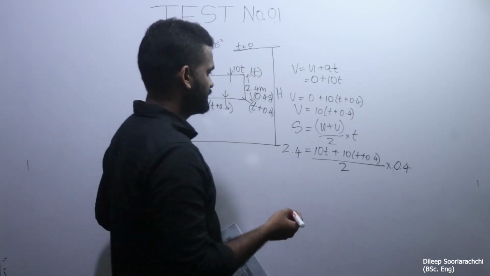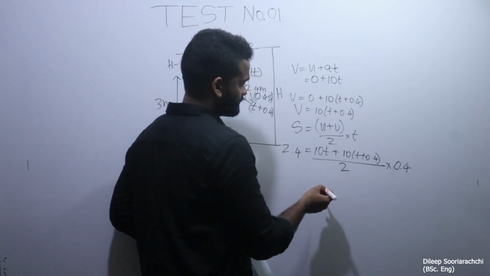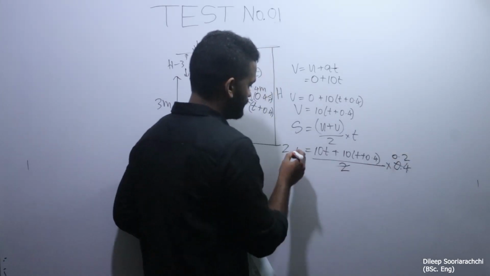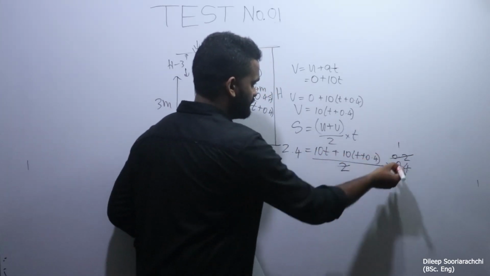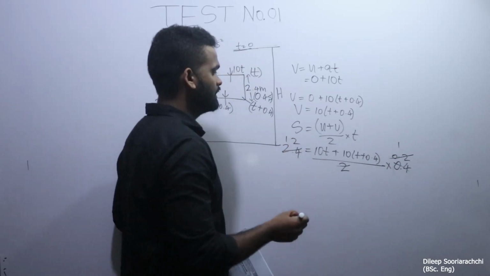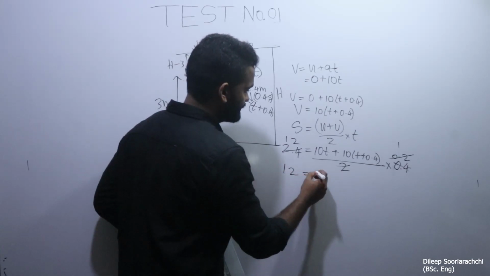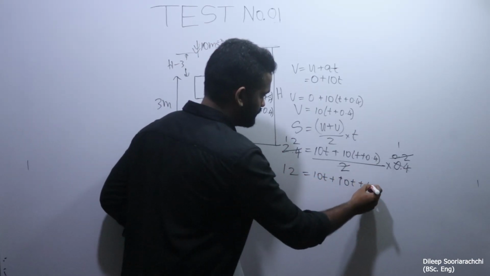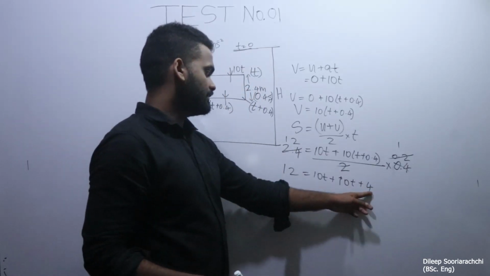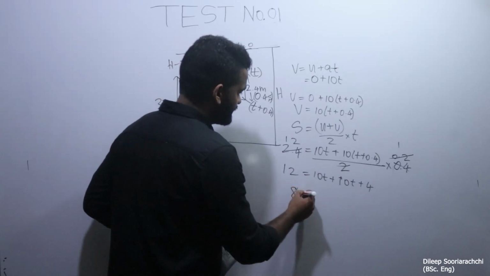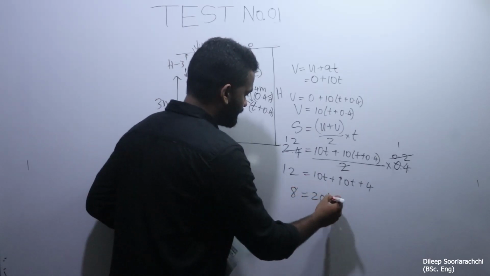Then you have to simplify that. You can cancel, then this is 12. So 12 equals 10t plus 10t plus 4. Then subtract, so 8 equals 20t.